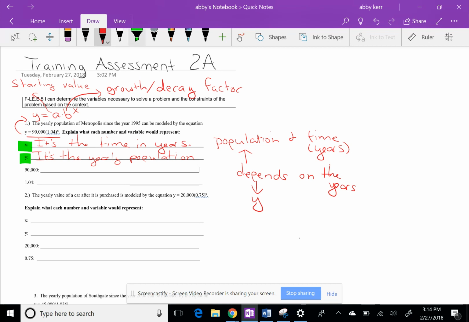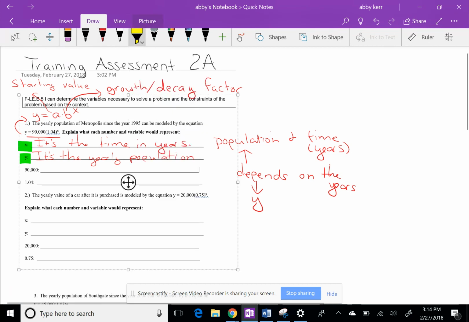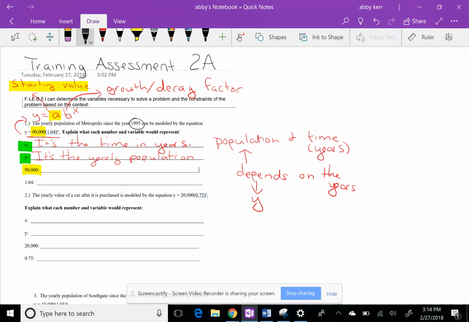Now, we need to get into understanding the actual numbers in the equation. So the 90,000 is written first. Since we're talking about the yearly population, our a value is our starting value. Since we were talking about 1995, that's our starting year. How much was the population of this city? It was 90,000.